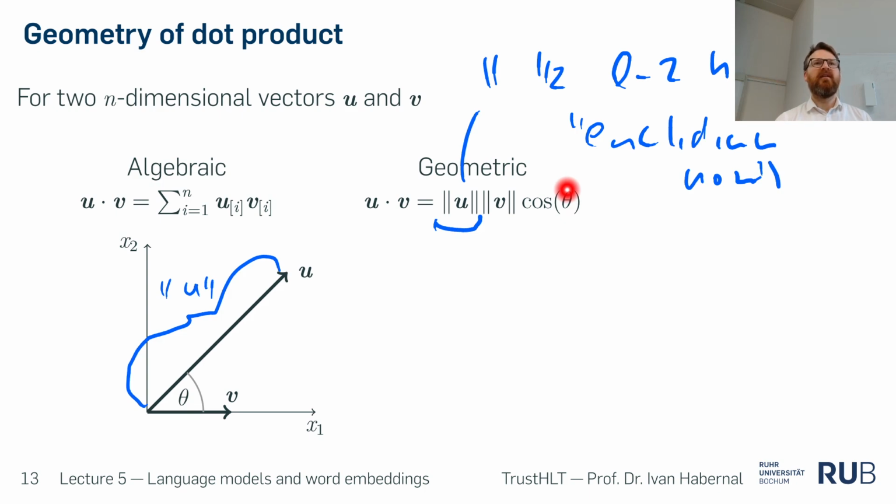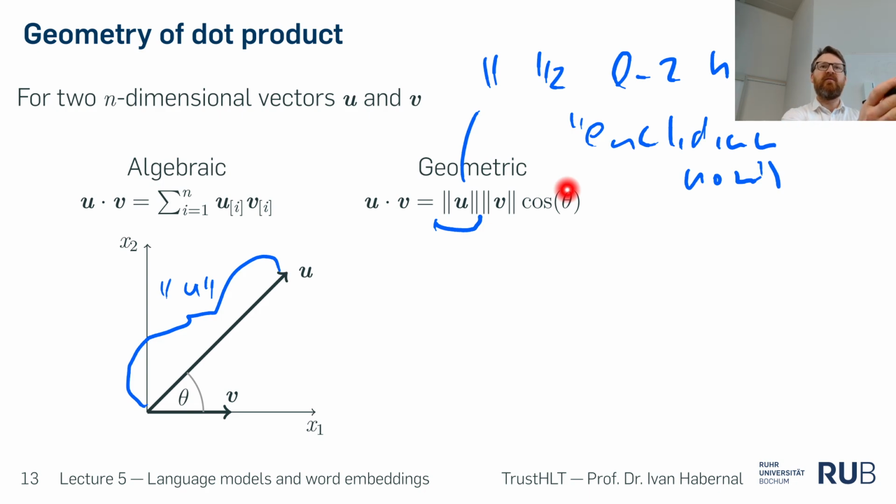And now you can understand cosine. When cosine is 0, for which angle do you get cosine 0? Yeah, for 90 degrees. And if the cosine gets bigger, you get close to what? To a zero angle, basically.